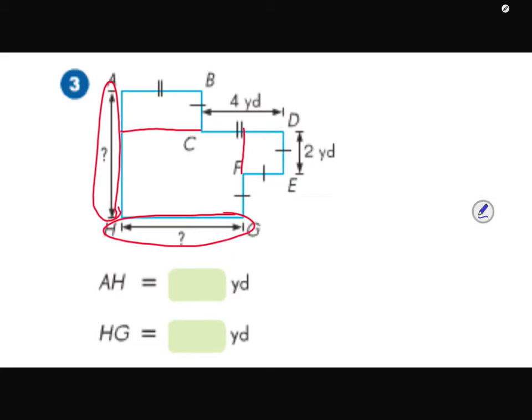So let's think. If this is 2, then that's 2, and that's 2, and that's 2, because that's a square. And then I see a tick mark right here, so that's 2. So then I also see a double tick mark right here. And if that's 4, then the other double tick mark is 4. And again, now I'm looking for my opposite sides.